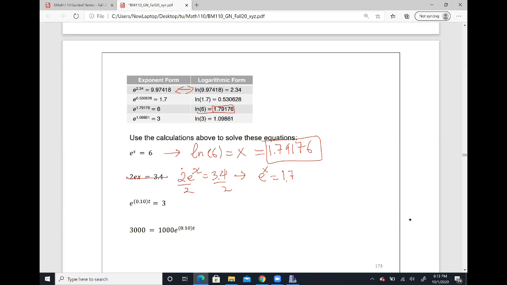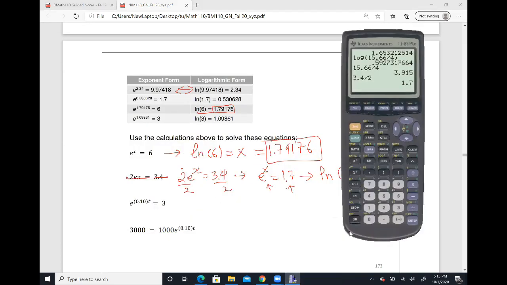Now you will just convert it to log form. So log base e, which means natural log of 1.7, equals the exponent, which is x. Now use the calculator to find ln of 1.7.